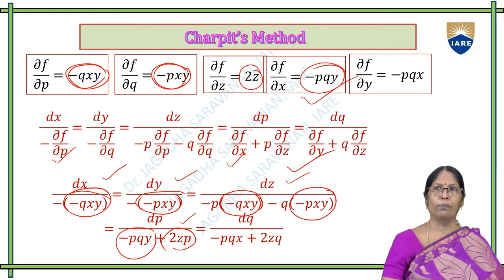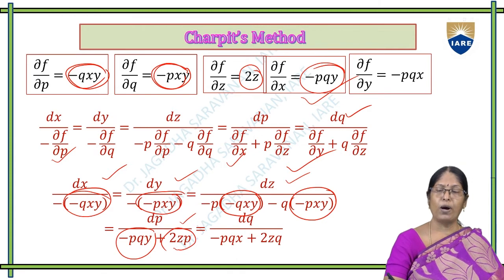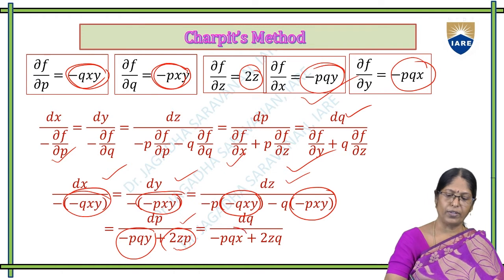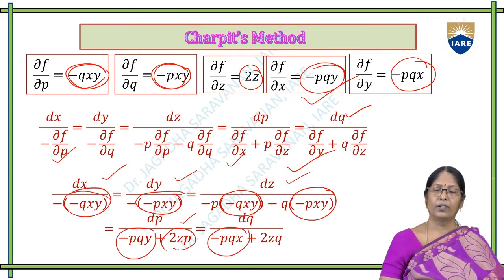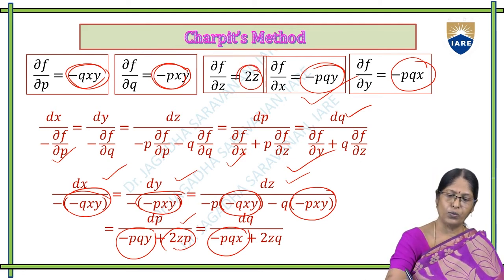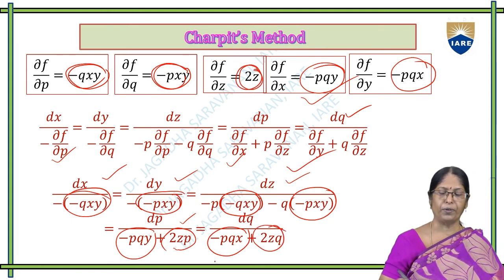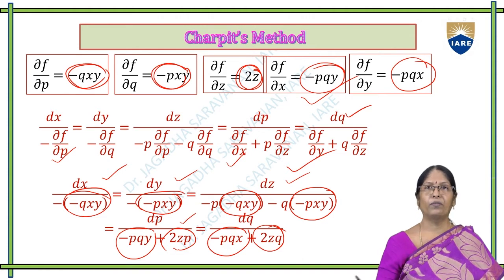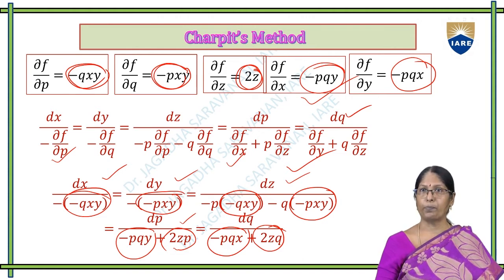The last member, that is dq, dou f by dou y. We are circling, so that is substituted here. Plus q, here plus q, dou f by dou z, that is 2z. We substituted here. So all the values we obtained regarding p, q, x, y, z partially, everything we substituted in our Charpit formula.